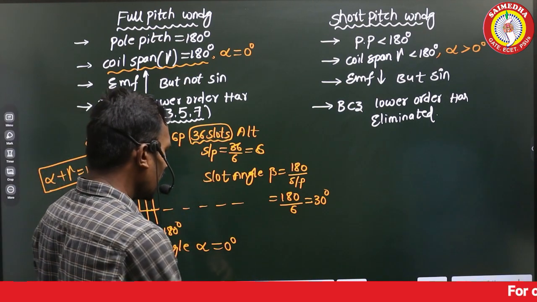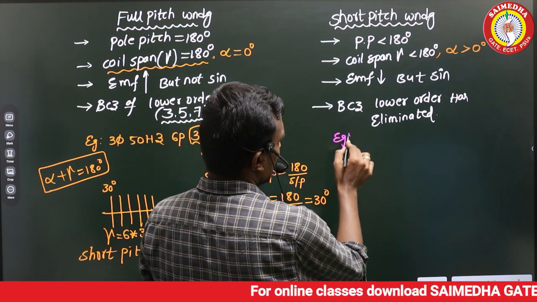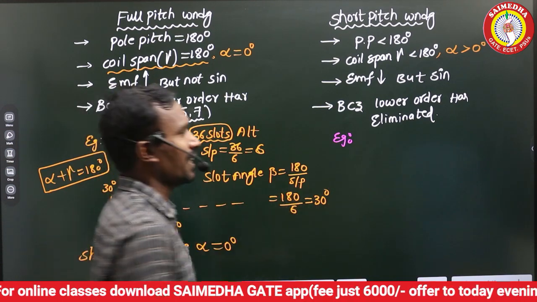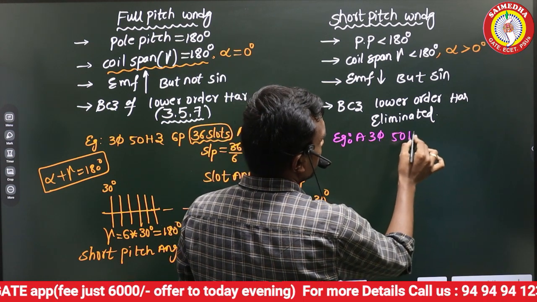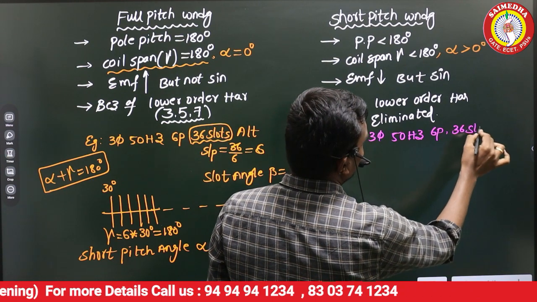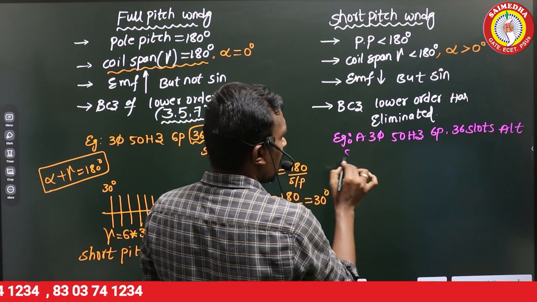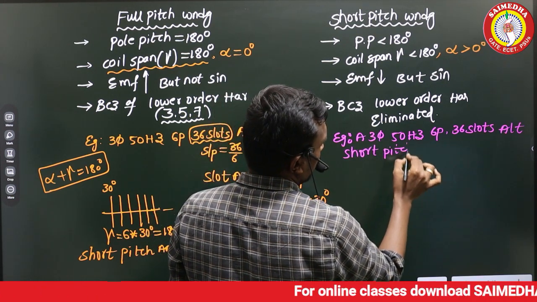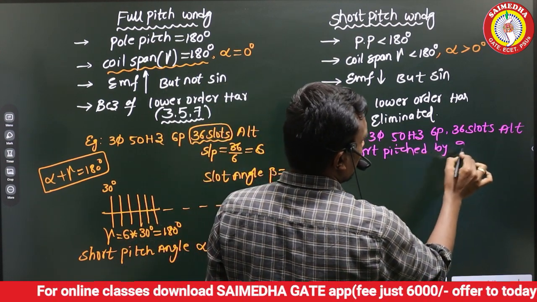Let's take an example for this short pitch winding. I am taking the same example here for easy understanding. A 3-phase 50 Hz 6 pole 36 slots alternator, short pitched, or chorded, by 2 slots.